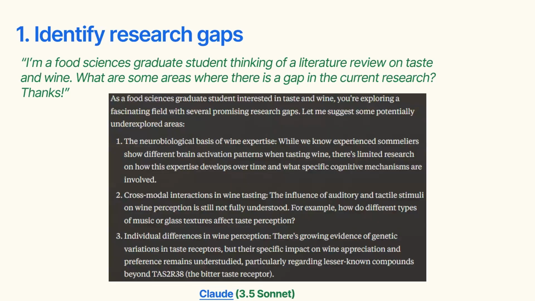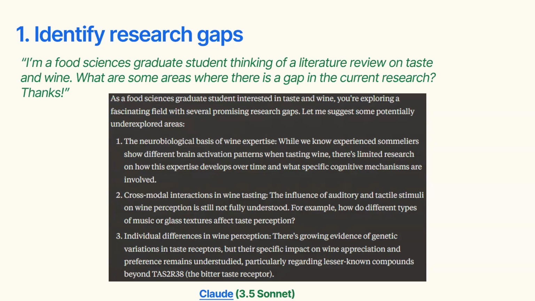Then we have Claude here, same thing, right? Food sciences graduate student, lit review on taste and wine. I'm trying to come up with something that I want to do more research on. So Claude is suggesting potentially underexplored areas: neurobiological basis of wine expertise. That's kind of interesting. Cross-modal interactions in wine tasting.